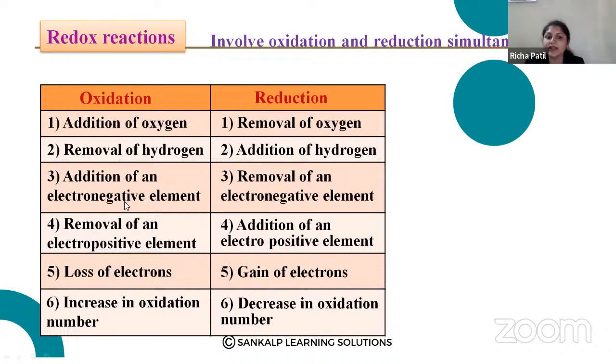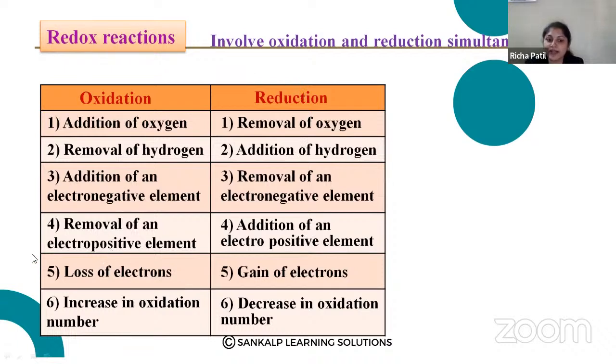Then in terms of electronegative element, adding an electronegative element is oxidation, and removal of an electronegative element is reduction. Then in terms of electropositive element, removal of an electropositive element is oxidation and addition of an electropositive element is reduction.